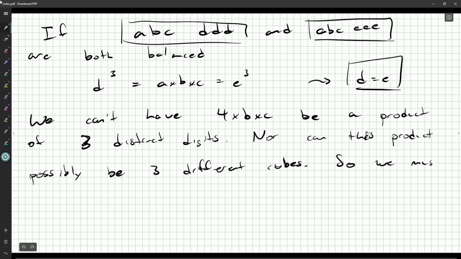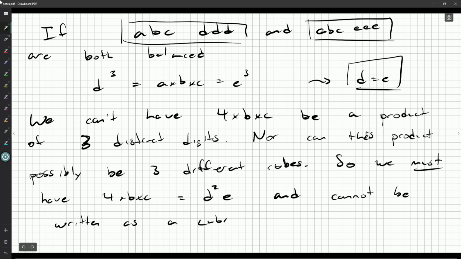So we must have 4 times B times C equals a square times E, and cannot be written as a cube. Okay? This will ensure that I get 3, but not having a cube and not having 4BC be a product of 3 distinct digits means I won't get an extra one, or I won't get 6 extras or anything like that.